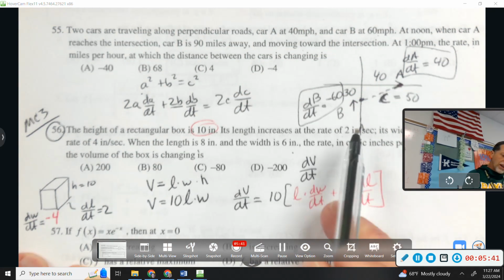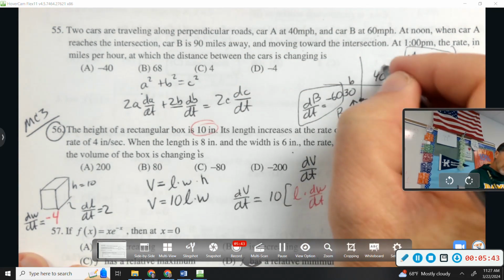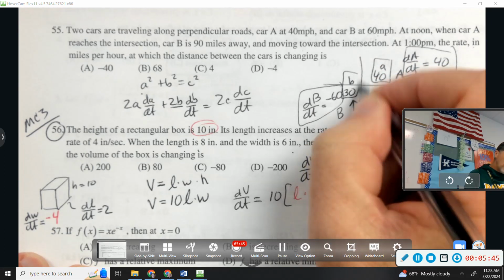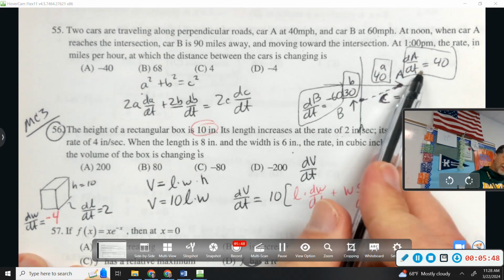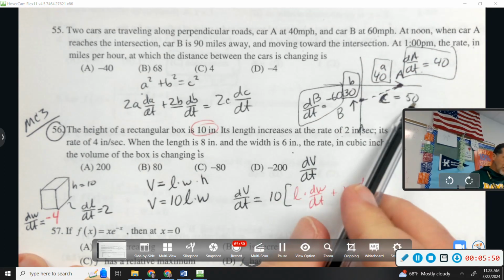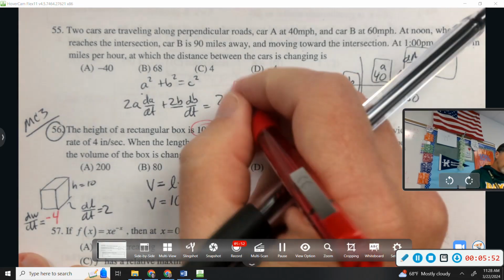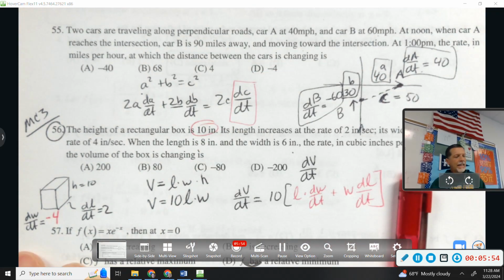And we know A, and we know B, and we know dA/dt and dB/dt, and we know C, so it's just a matter of plugging everybody in to find dC/dt.